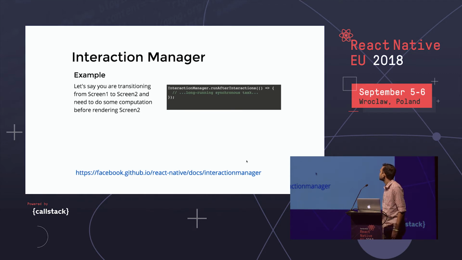You could put it inside this block. What this does is it waits for your animations to stop, and then it executes your code. That way the user does not feel that the UI is jittery. The UI feels much smoother when you do this.